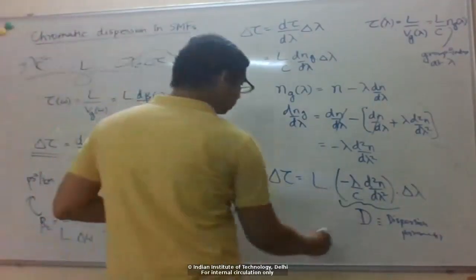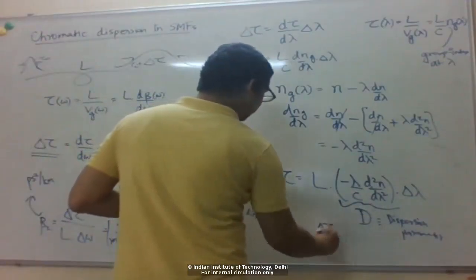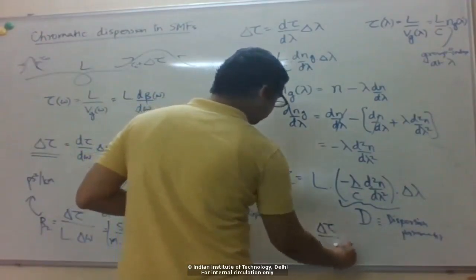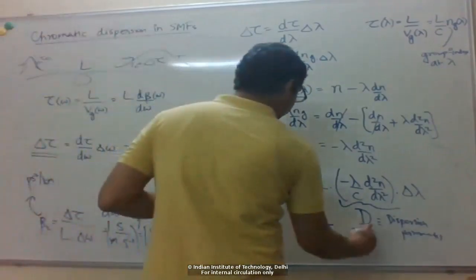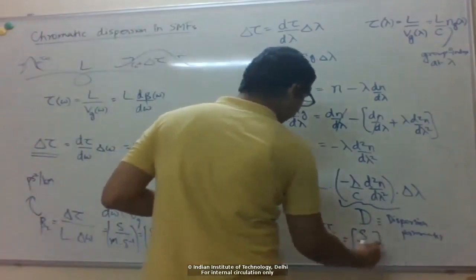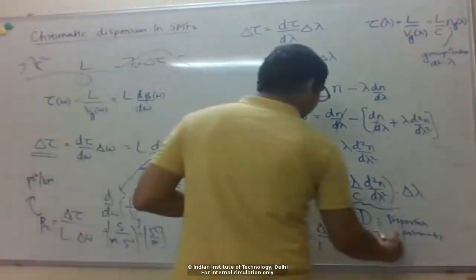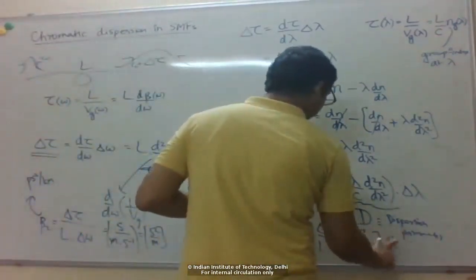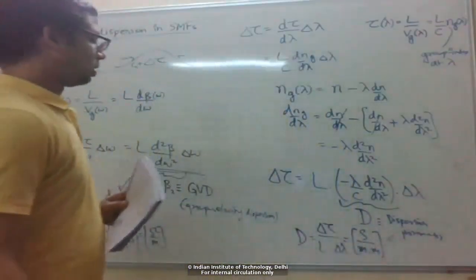So what are the units of this? You can see D is the broadening per unit length per unit bandwidth in wavelength. So I get seconds, then length, and then another length, because delta lambda in wavelength units is also a length. So I have seconds and then meter squared units here.